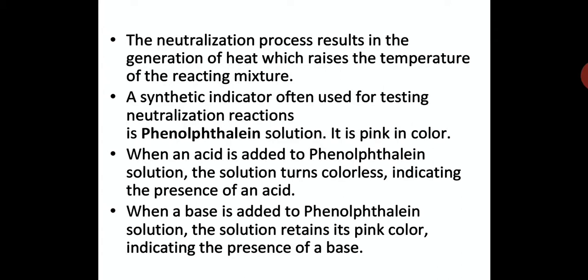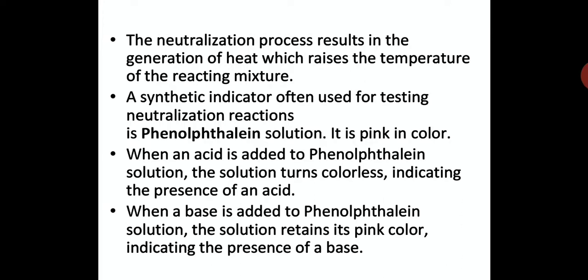A synthetic indicator is often used for testing a neutralization reaction. If you have learned about the natural indicators, here in this neutralization process, to check whether the neutralization is completed, you use some kind of synthetic indicator. Suppose you take an acid and you keep on adding base to it, then at a certain point the reaction is completed.